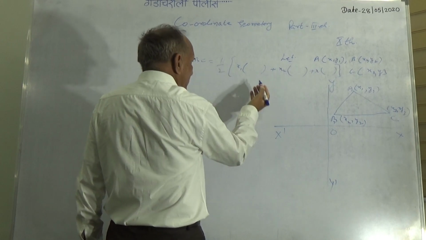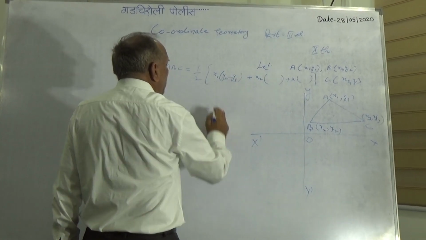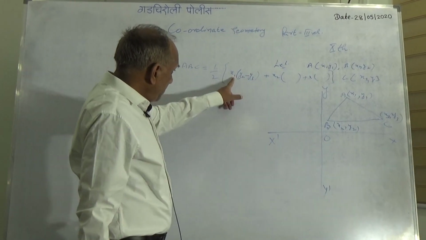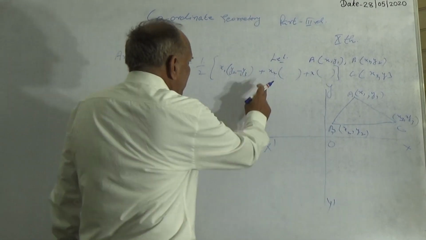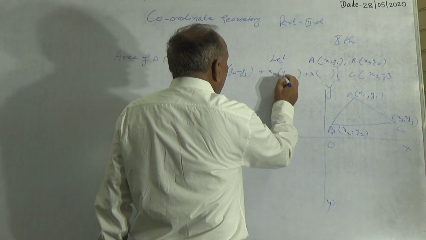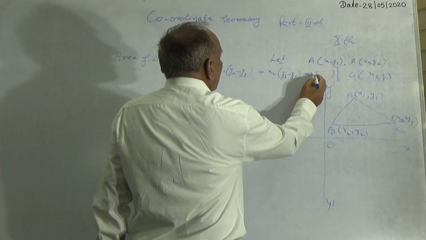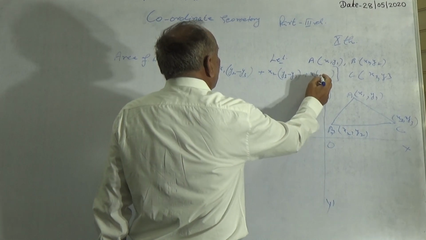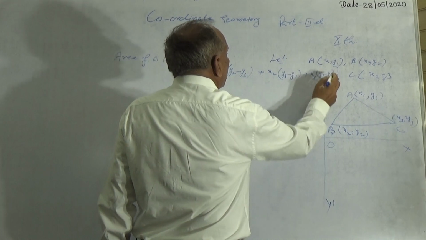x1 by 2 minus by 3 in series. x1, 2 and 3 means by 2 by 3. x2 means by 3 minus again by 1. x3 means y1 minus by 2.